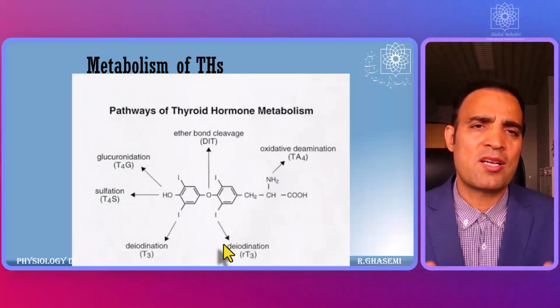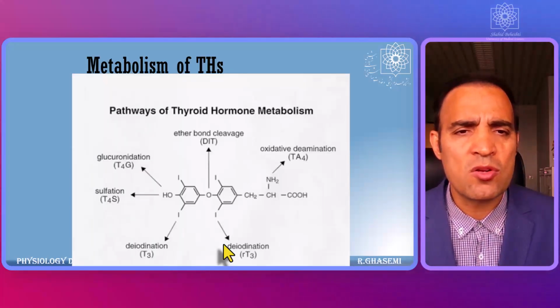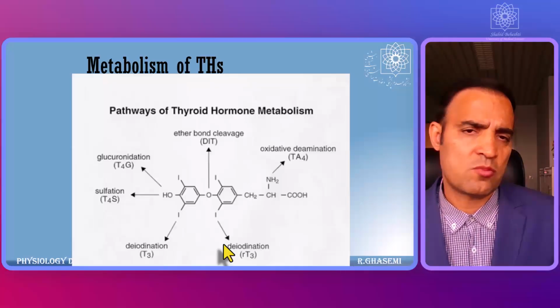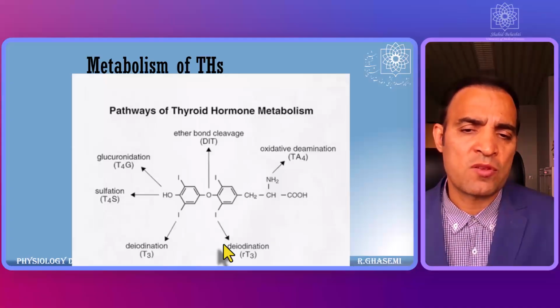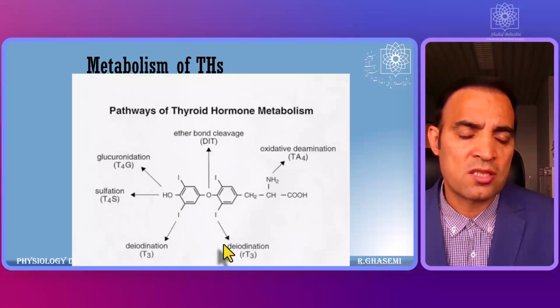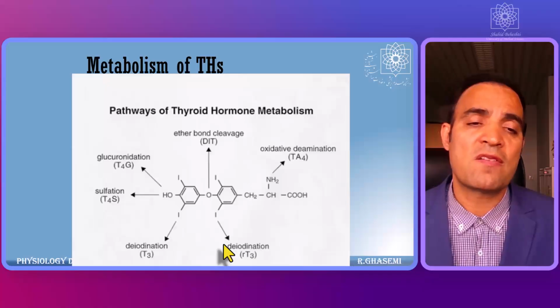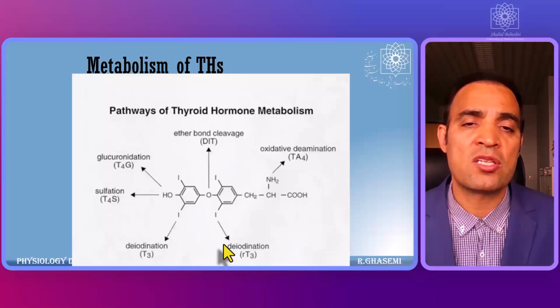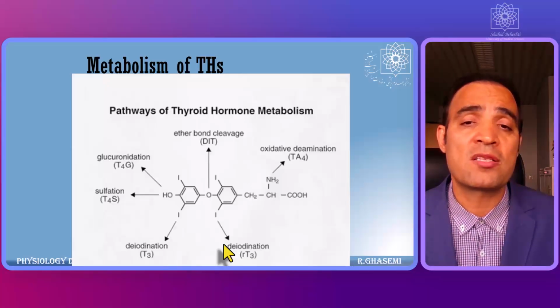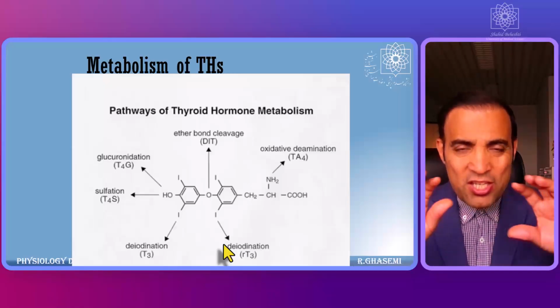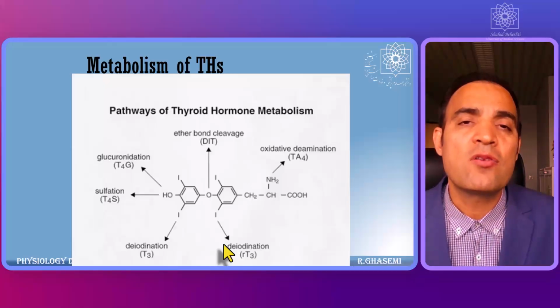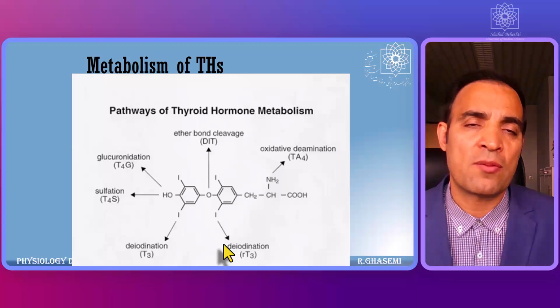This figure summarizes the metabolism of thyroid hormones, and as you see, sometimes they are deiodinated and form reverse T3 or T3, but there are some other ways, such as sulfation, glucuronidation, ether bond cleavage, and oxidative deamination, and by each of these mechanisms, thyroid hormone is removed from the body.